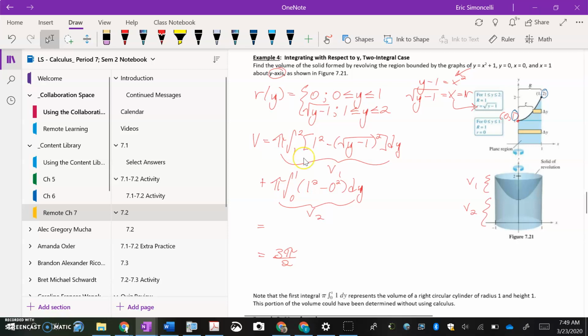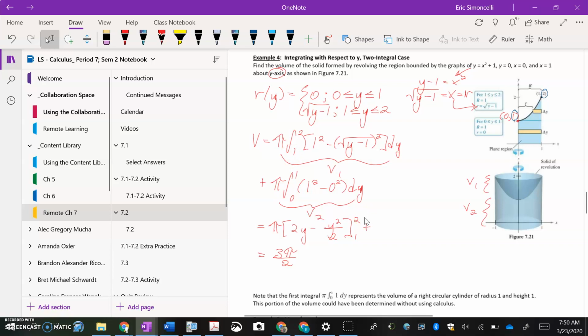If I do the math with the first integral, I'll have pi times, and if we take the integral of this, it lends itself to 2y minus y squared over 2, and we're doing this from 1 to 2, if you recall. Those are the lower and upper bound values.